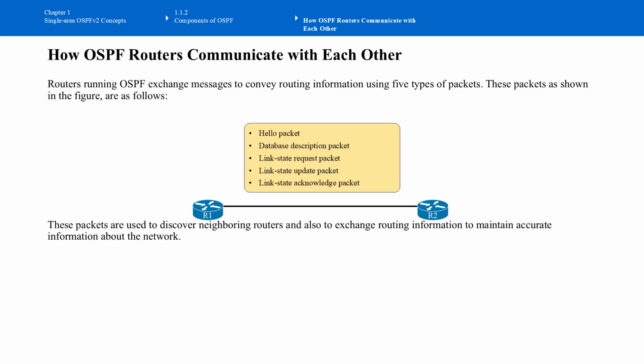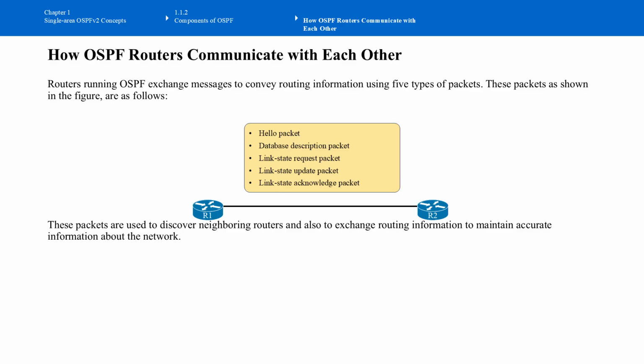So remember, these 5 packets work together throughout the OSPF process. Hello discovers and maintains neighbors. DBD exchanges the information of the database. LSR requests missing information. LSU sends the requested or updated information. LSACK confirms successful receipt.